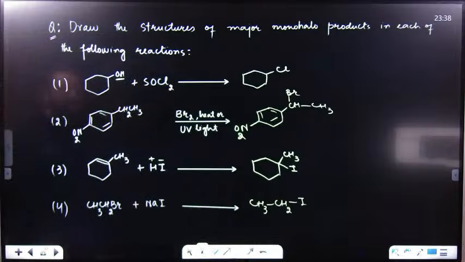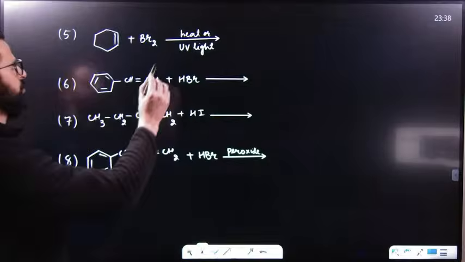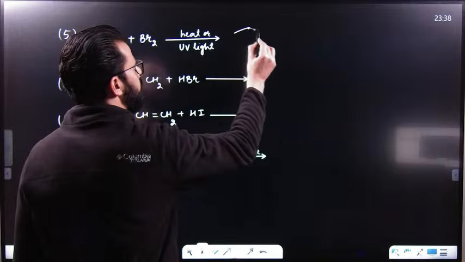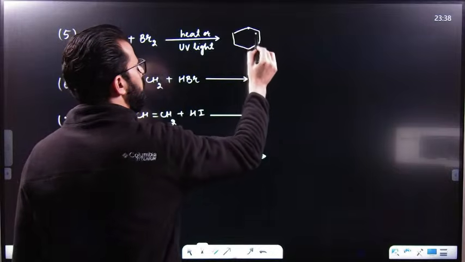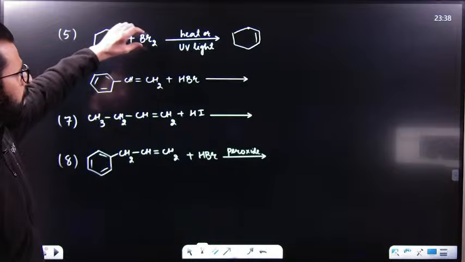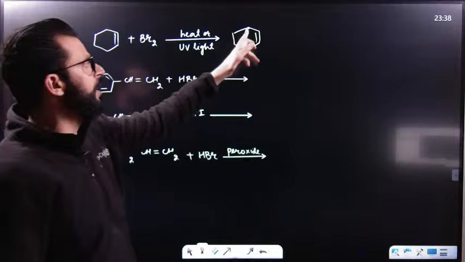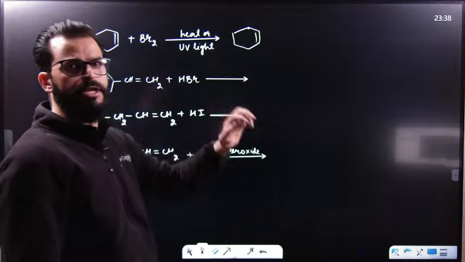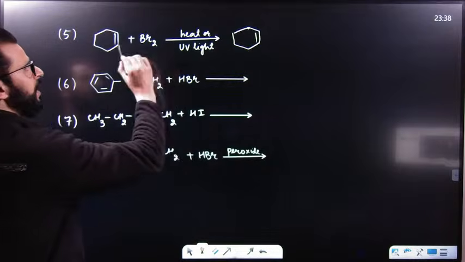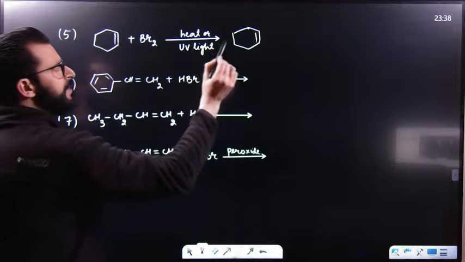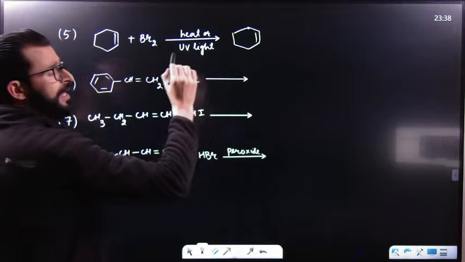Okay. After that, a simple reaction. Have a look. It's not addition of halogen in presence of dark. If it is addition of halogen in presence of dark, you have to remove the pi bond and add bromine and bromine. This is addition of halogen in presence of heat or light. That means it is free radical or allylic halogenation.